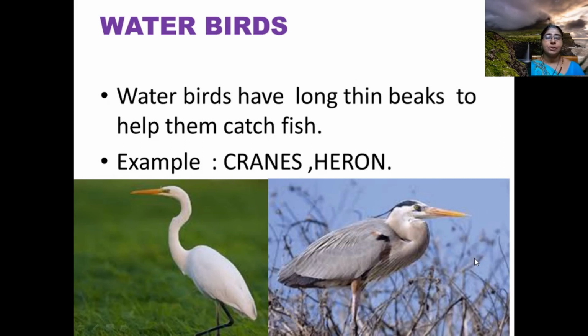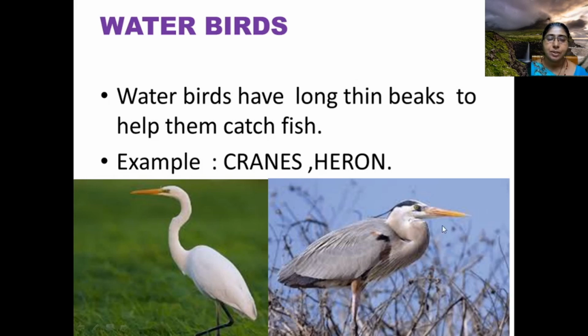Some birds are also carnivorous birds. You know that birds use their beaks to feed. Here some water birds are there. Look at this picture. You can see the crane. The crane's color is white. You see that long pointed beak to catch fish. Here you can see the herons also.